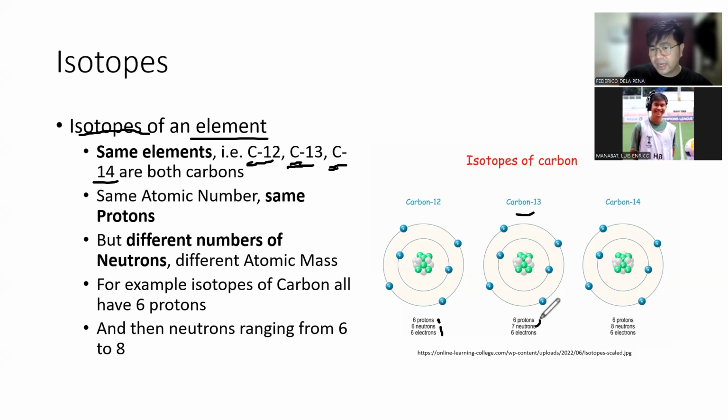Carbon 13 has 13 as the sum of protons plus neutrons, 6 plus 7. And carbon 14 has 6 plus 8, 14 atomic weight. They have different atomic weights, but they all identify as carbon because they have the same number of protons.